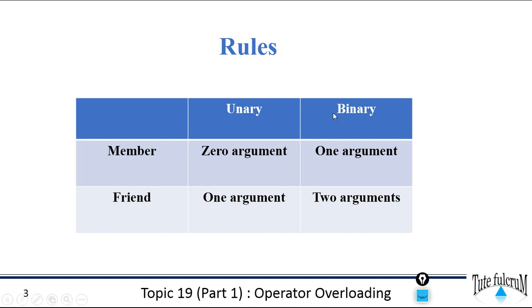If you are overloading a binary operator as a member function of the class, then there should be one argument. Same way, if you want to overload a unary operator as a friend function of the class, there should be one argument, and overloading a binary operator as a friend function of the class requires two arguments to the function. So this rule has to be followed to implement an operator overloaded function in C++.